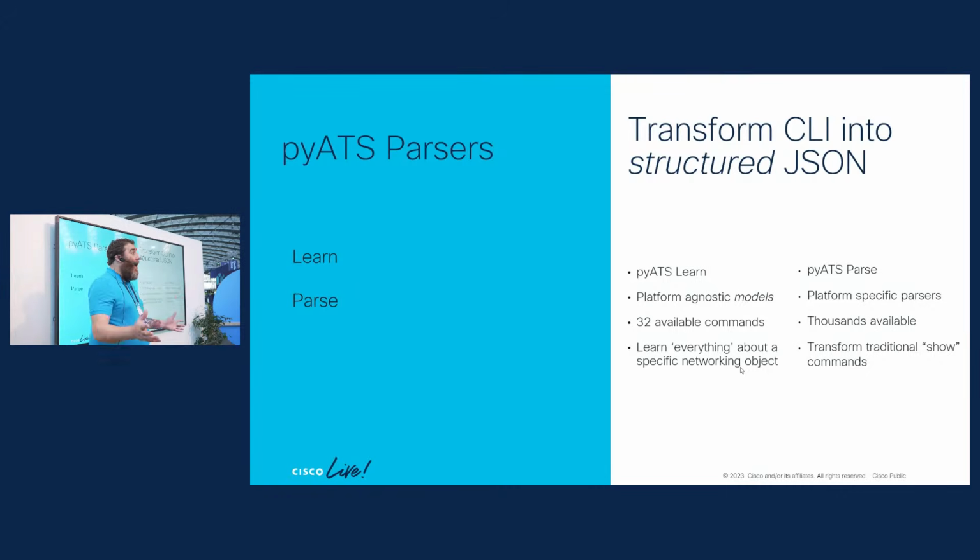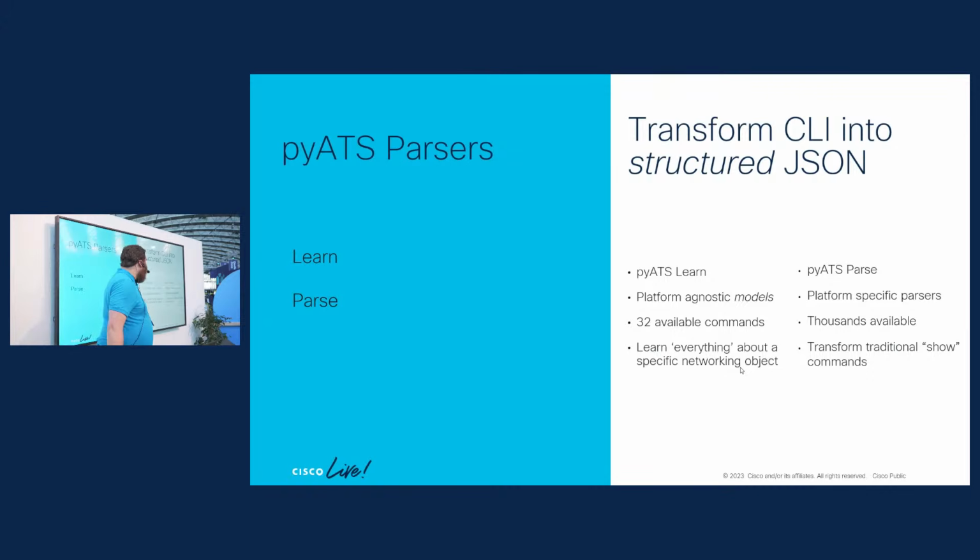And it doesn't matter the operating system. pyATS will agnostically gather the state of BGP. It runs multiple show commands under the hood and gives us back a structured JSON payload. Okay, really important. There's 32 available commands, learn OSPF, learn BGP, learn interface. I don't know them all off the top of my head.